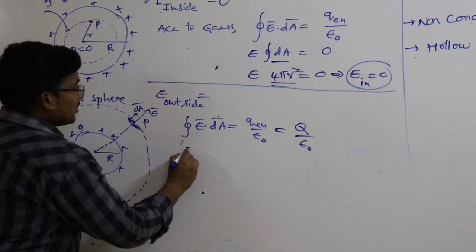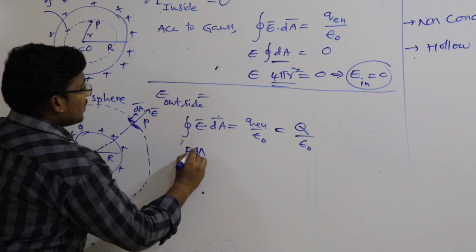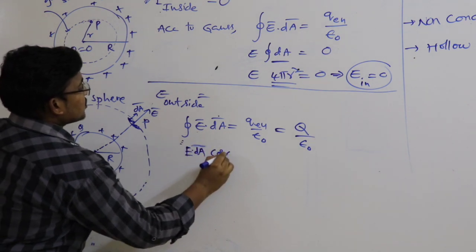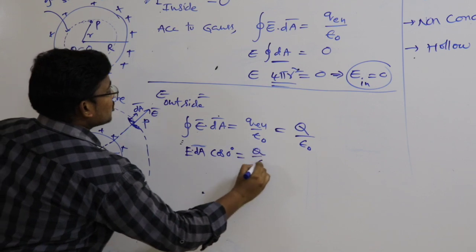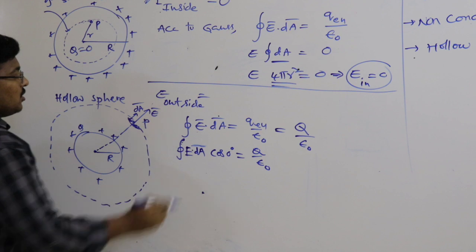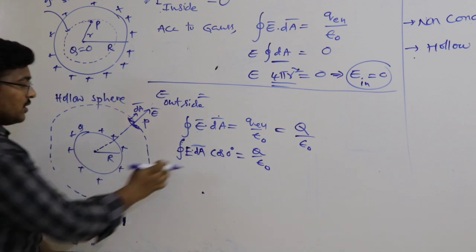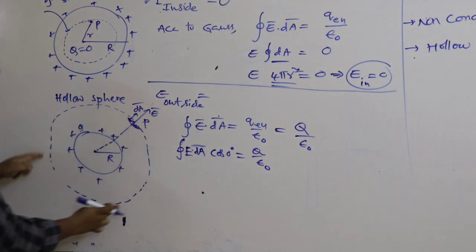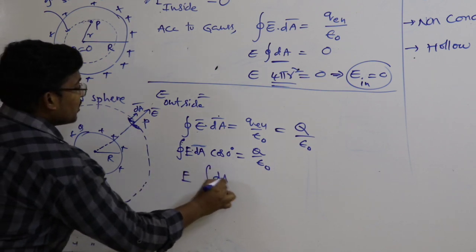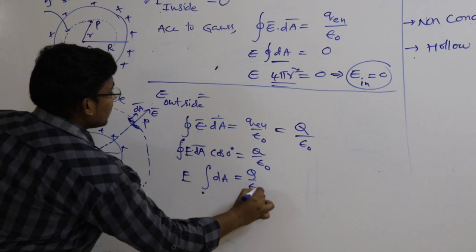So you can say that E into dA cos 0 degrees is equal to charge by epsilon naught, integration. Now cos 0 is 1, and E is constant everywhere on this Gaussian surface, so take it out. Integration is applied for only dA, which is q by epsilon naught.